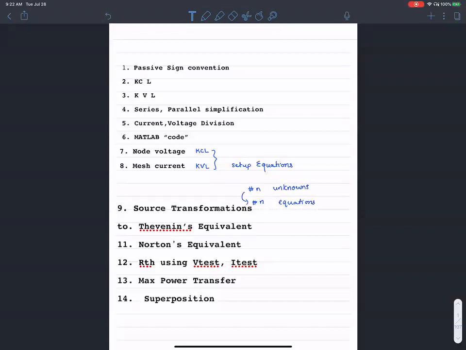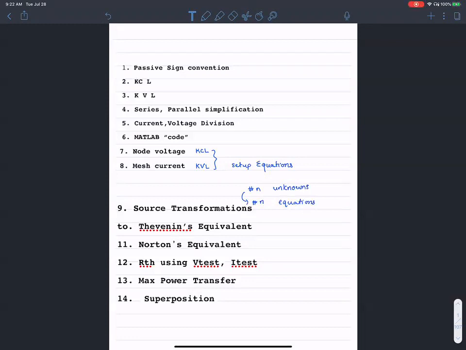Okay, so after you finish this course, all of these should be second nature to you. How do you apply KCL? How do you apply KVL? Series parallel simplification, current division, voltage division, the node voltage method, mesh current, and so on and so forth. All of these techniques should become second nature to you.